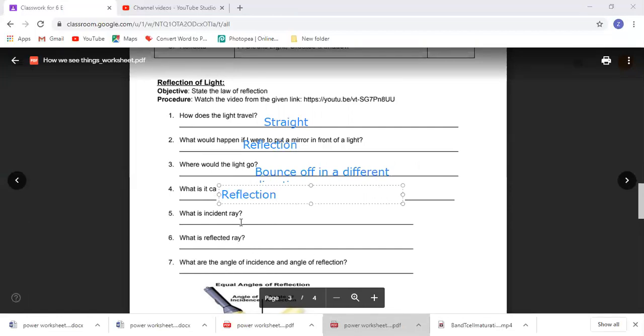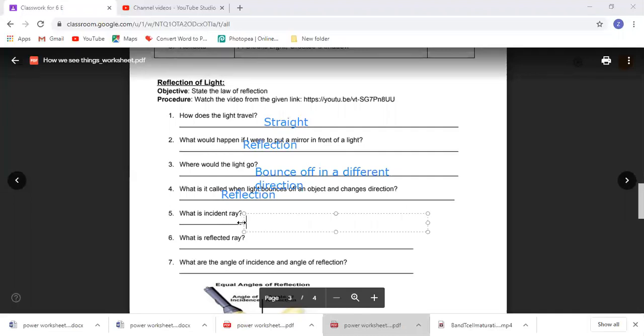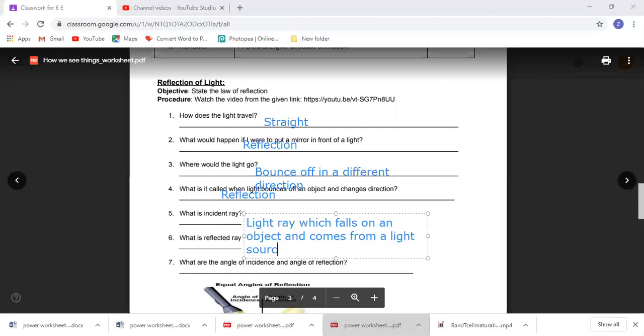Okay, what is incident ray? So incident ray is the light ray which falls on an object and comes from a light source.